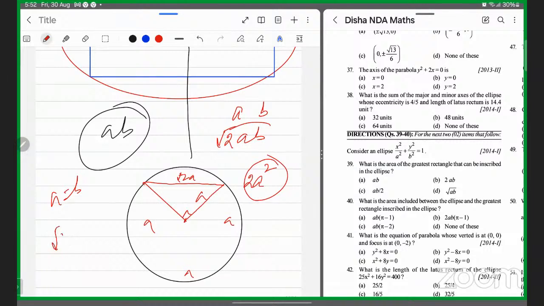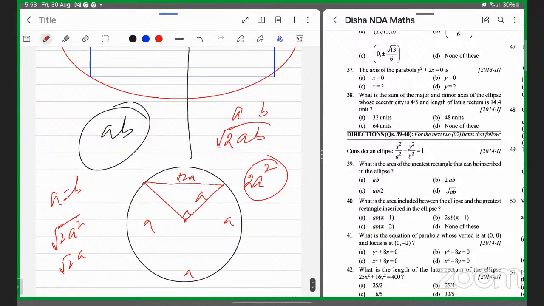How? Root 2 a into a squared, so root 2 times a. Understood my words? If the circle radius is a, the ellipse will be a circle if a equals b. Then it is a circle. Understood my words? Any problem?